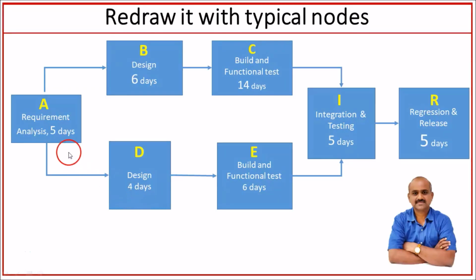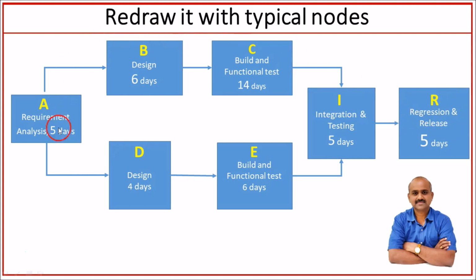If you apply activity description for these activities, it looks like this. It shows a beautiful meaning. It says that requirement analysis is performed for both the features first, then designing, building and functional testing of feature 1, and designing, building and functional testing of feature 2 are carried out in parallel, and they both are integrated here, and then finally regression and release is performed.